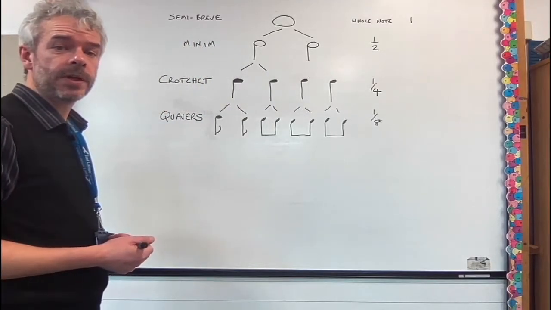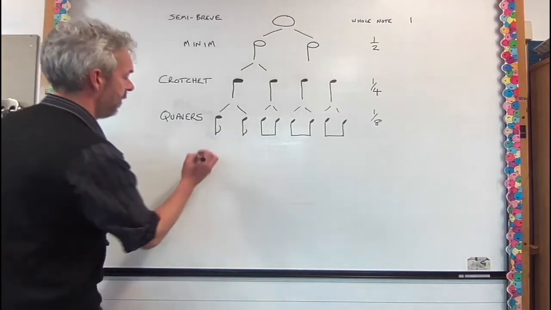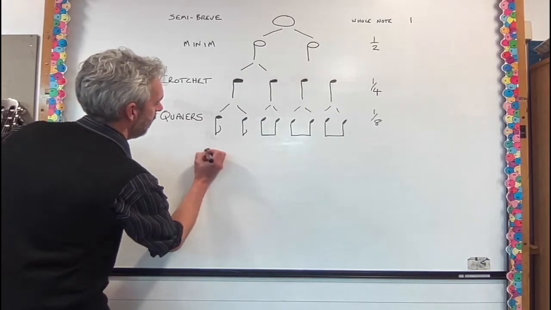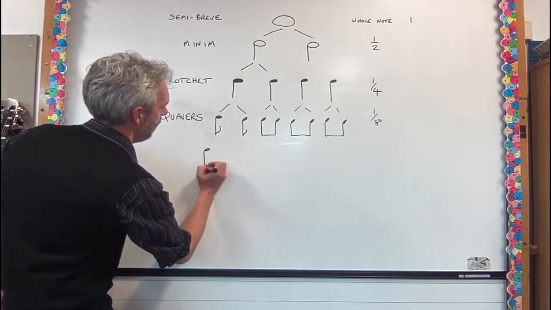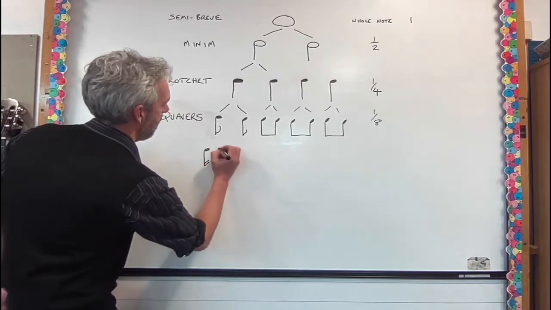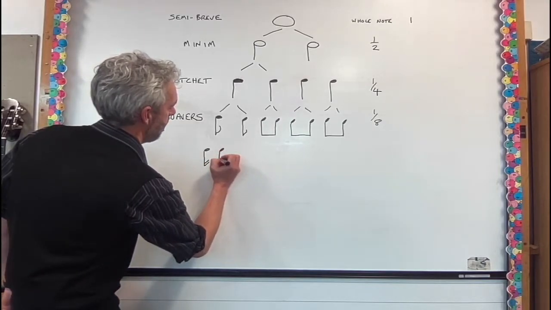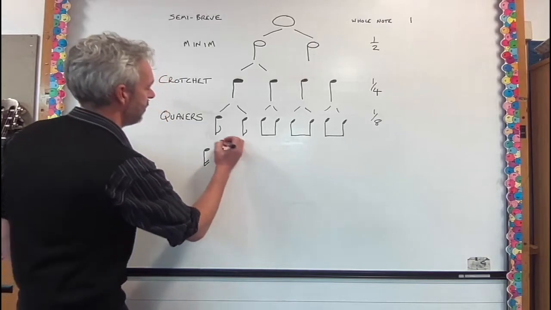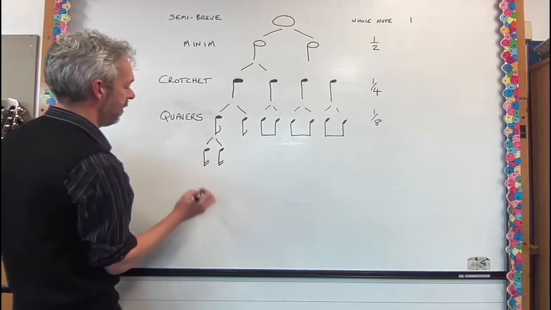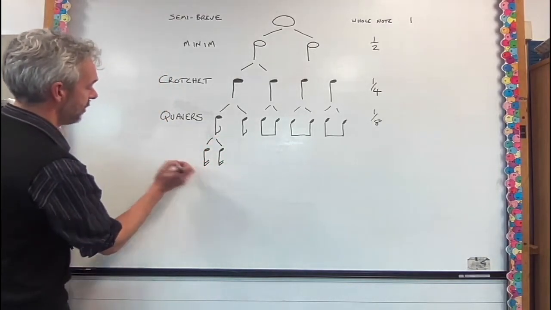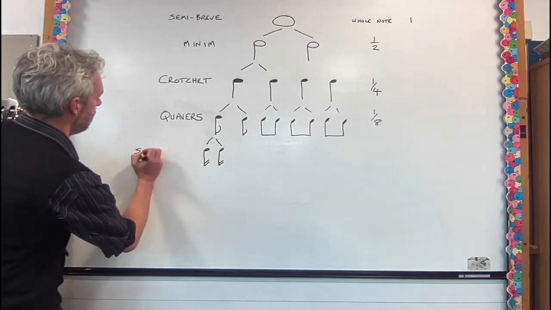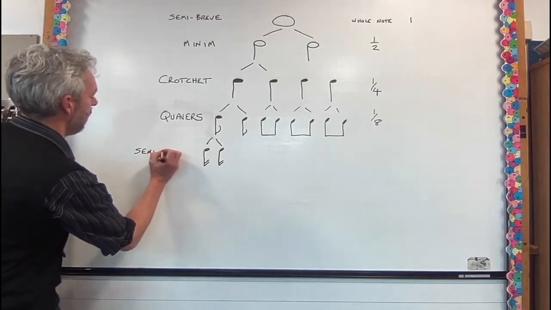Now each quaver can also be divided in half by adding another tail. So you can see as we're adding tails to the notes, we're dividing them in half. And the note with 2 tails, so half a quaver, is what we call a semi-quaver.